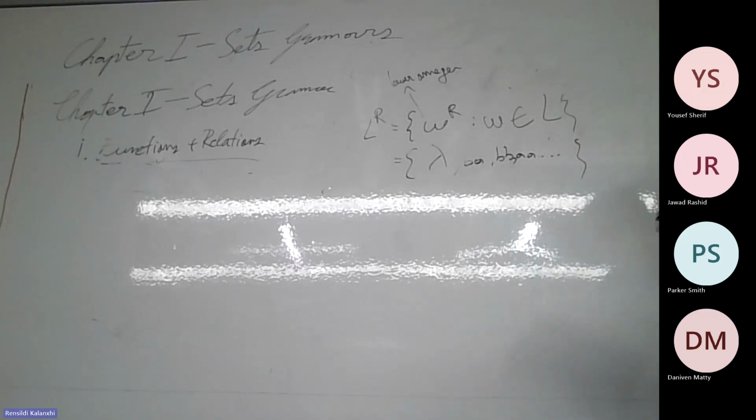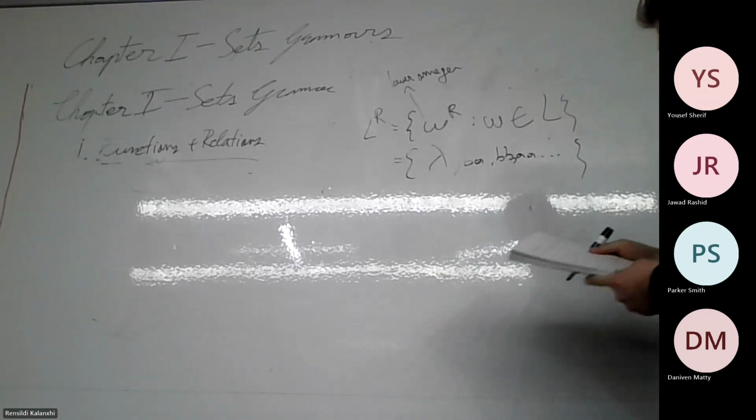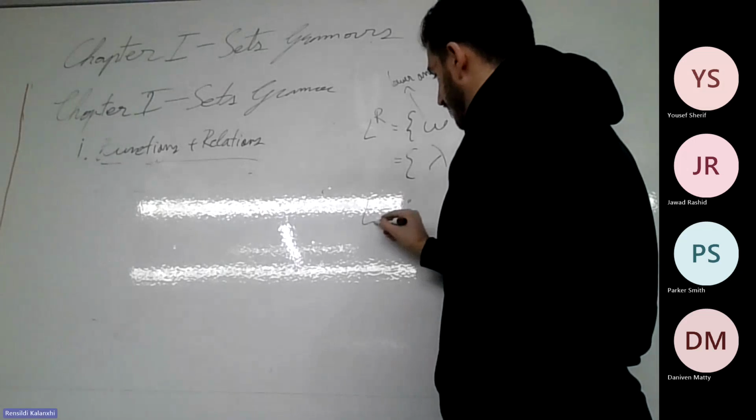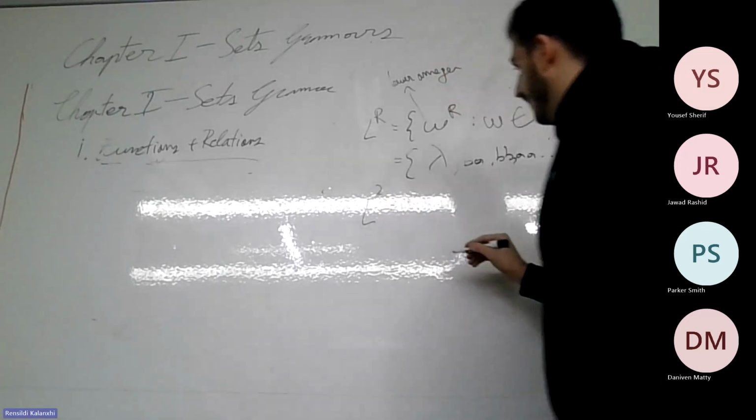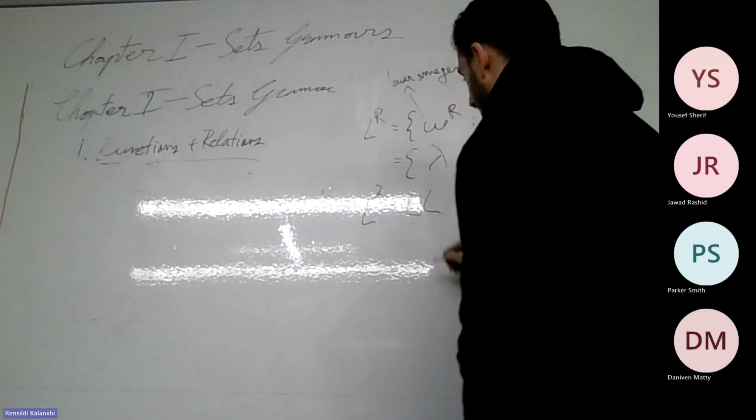That's what it is. Language, if it has, let's say, L to the power of 2, it's going to be LL.